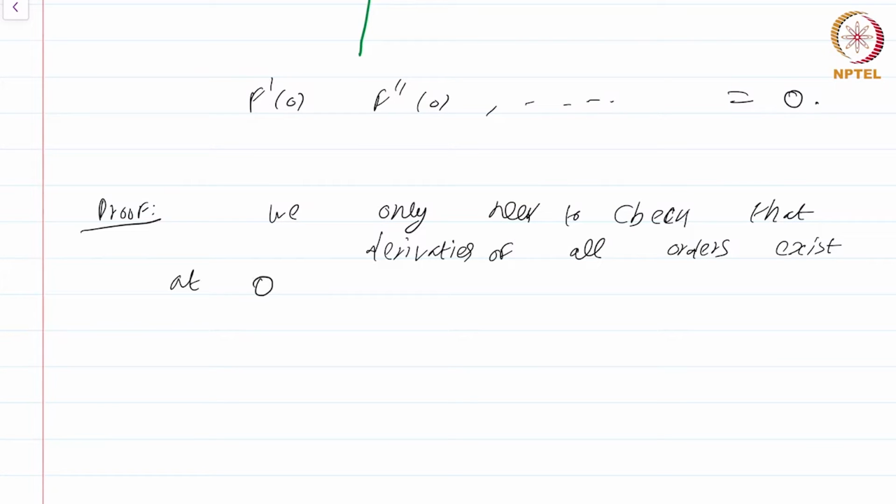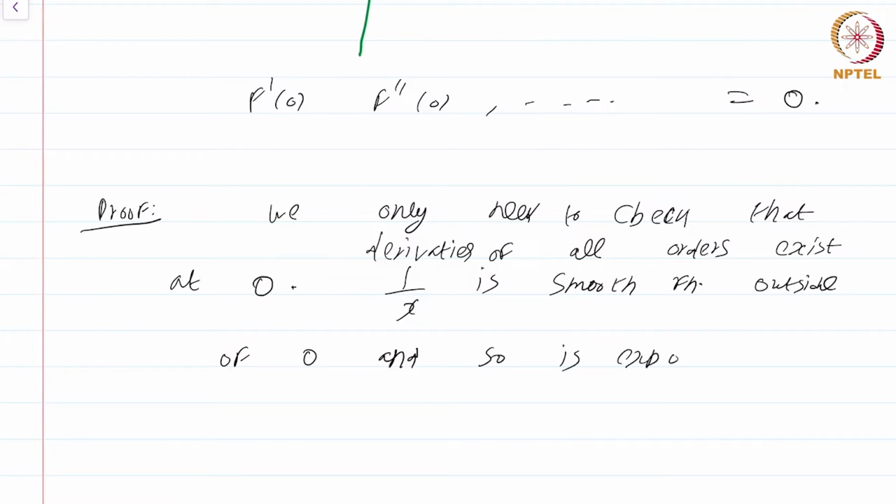The reason is that 1 by x is a continuous function. 1 by x is in fact a smooth function outside of 0, and so is the exponential. Let me just write 1 by t, or rather in our case minus 1 by t, and so is exponential.